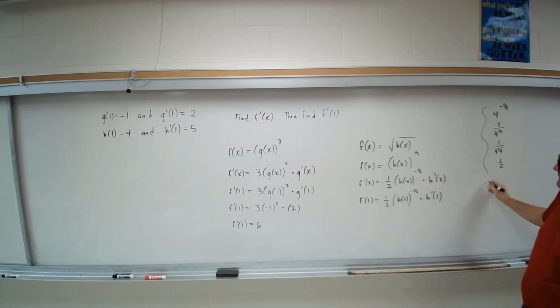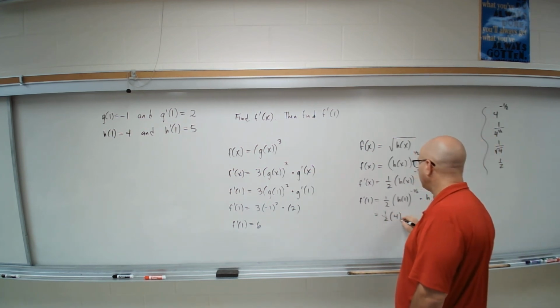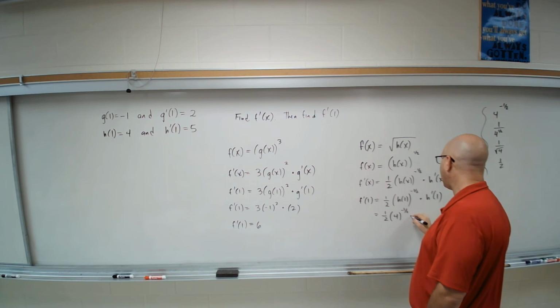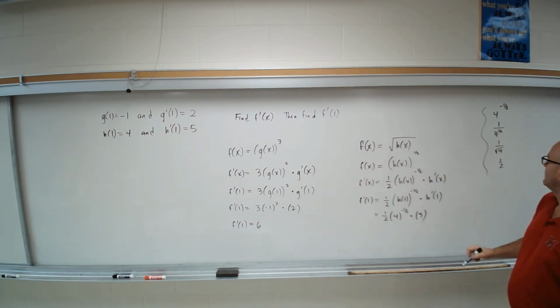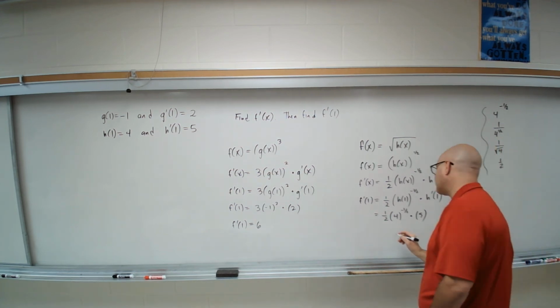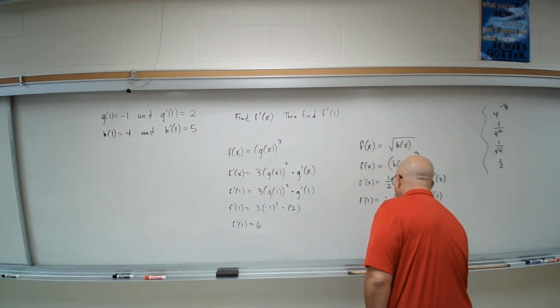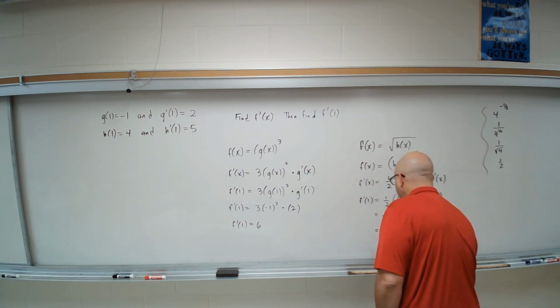So just keep that in mind. So we're going to get 1/2 times 4 to the negative 1/2. h prime of 1 is 5. So we just showed that 4 to the negative 1/2 power is 1/2. So we get 1/2 times 1/2 times 5. And that gives us 5/4 for that.